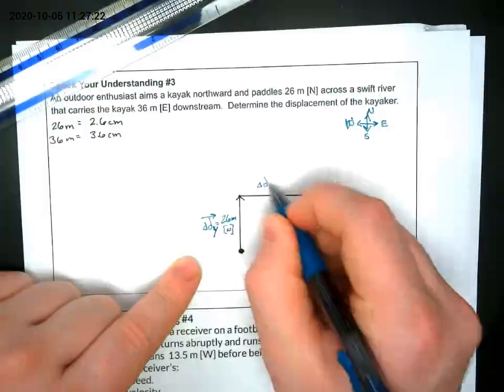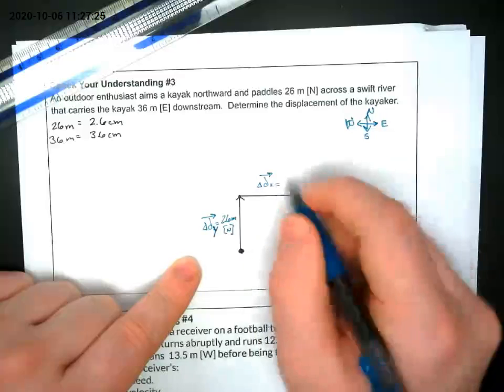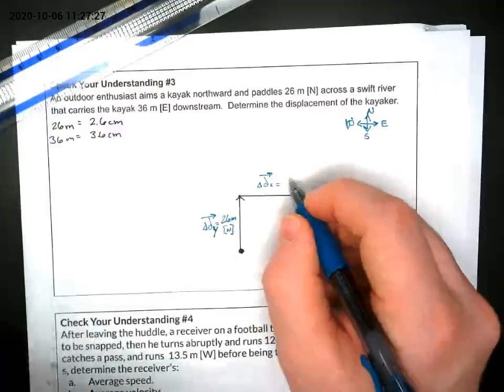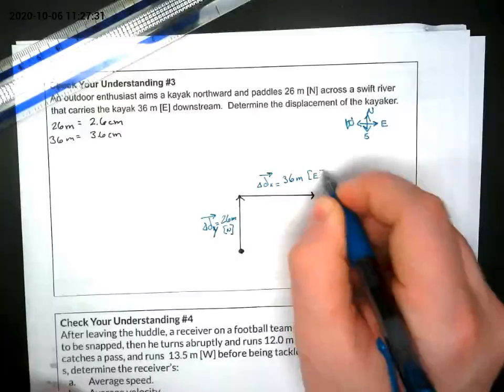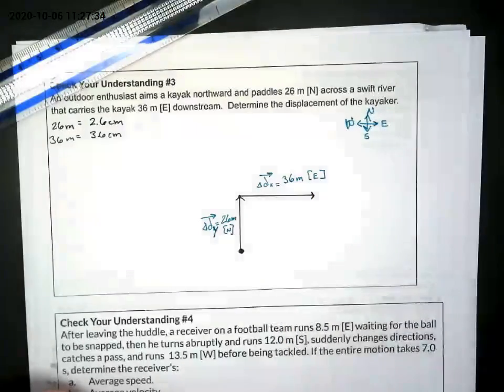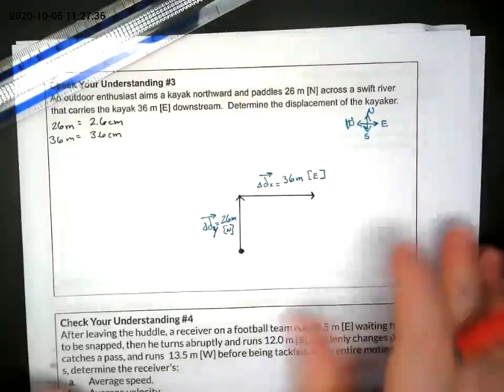And then our displacement for our x is 36 meters east. And then we're trying to find the displacement. What is our displacement?